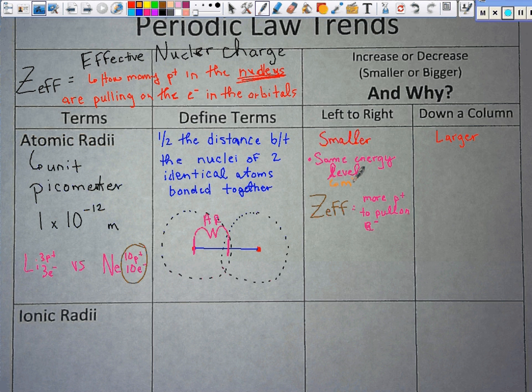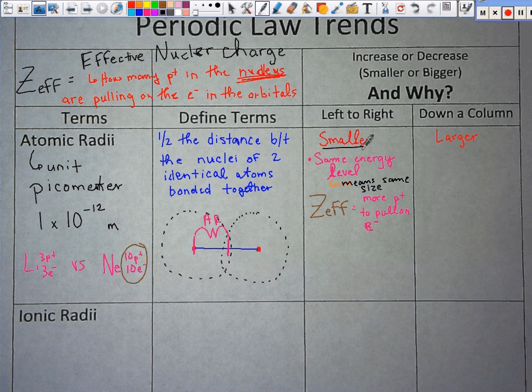However, I know that it says smaller, it is in essence going to get smaller, but the rings are the same number. Okay, so the Zeff is going to take those protons and those electrons and it's going to pull it in a little bit tighter.